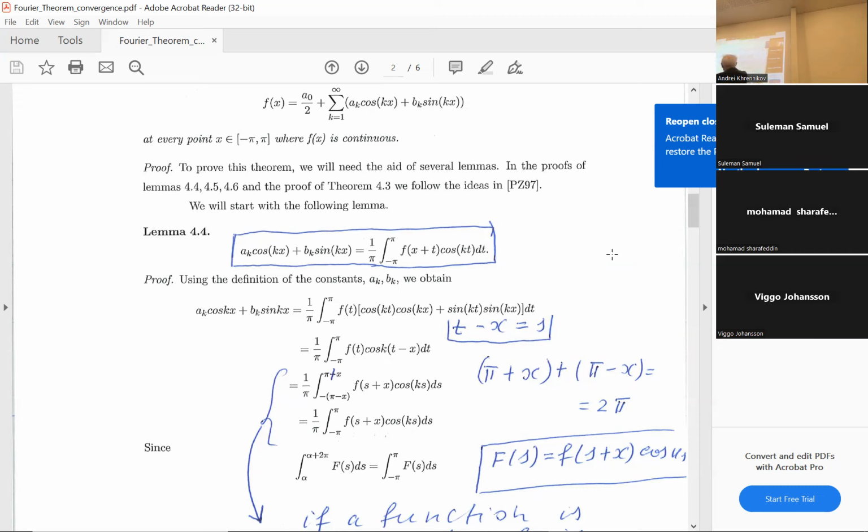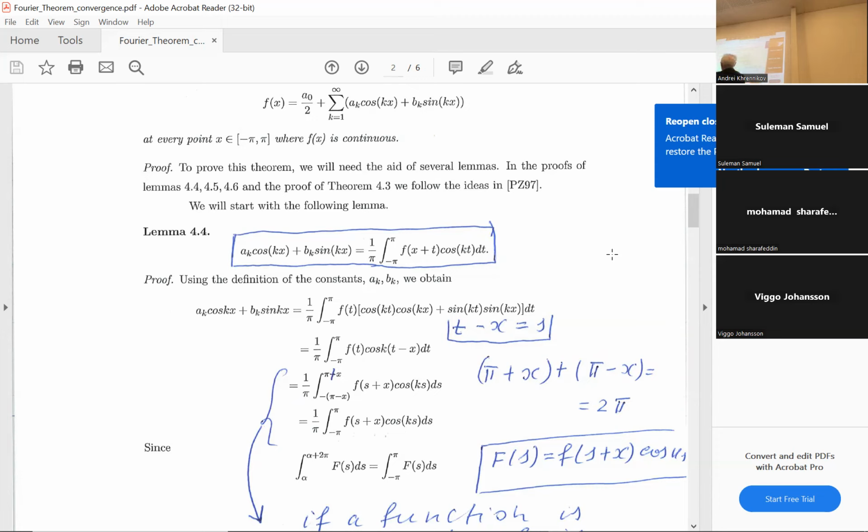So I think I'm not wrong. This minus this should be equal to pi. So pi plus x minus (pi minus x) is 2 pi. So here should be plus. Small misprint.